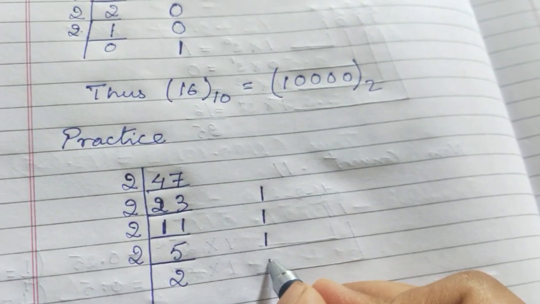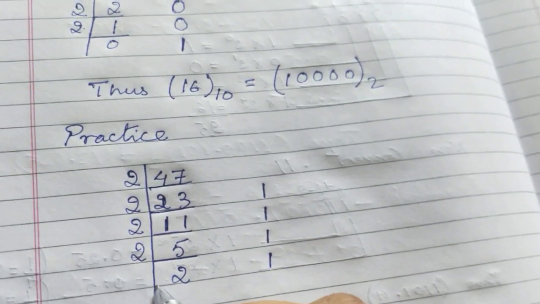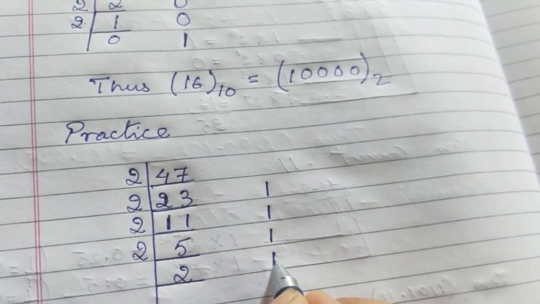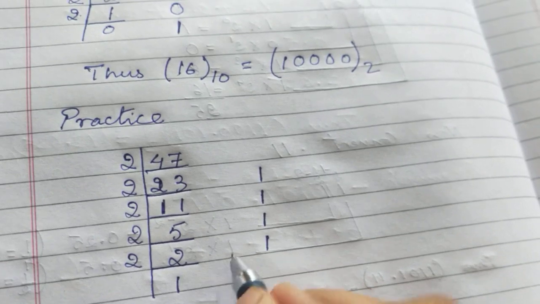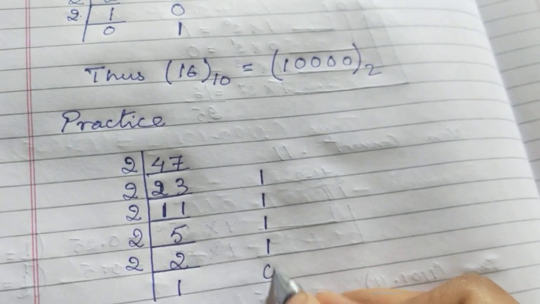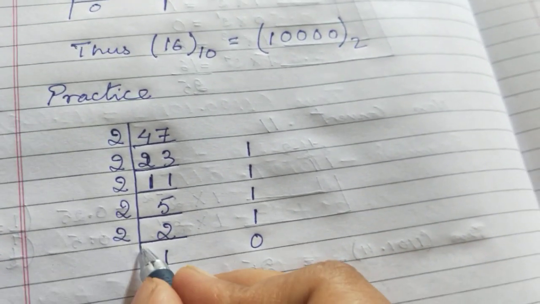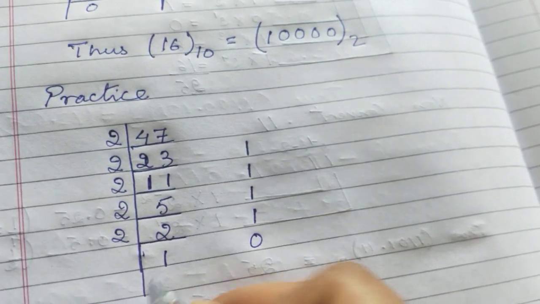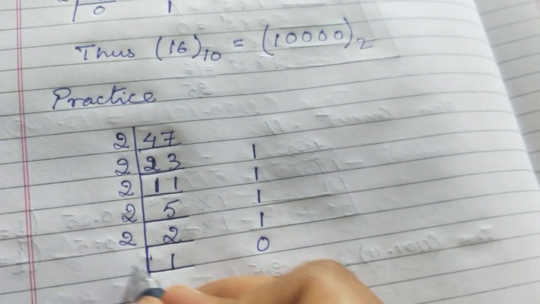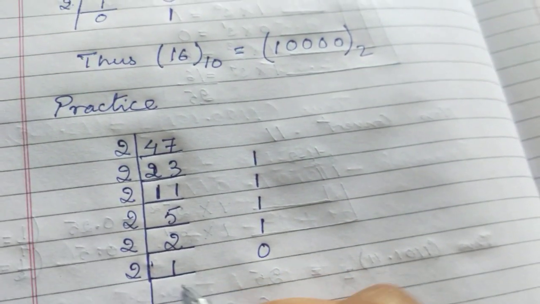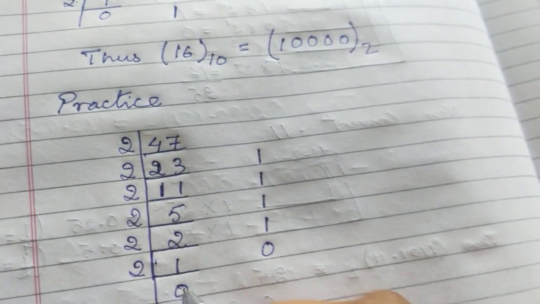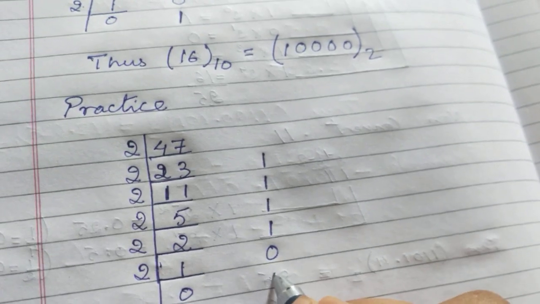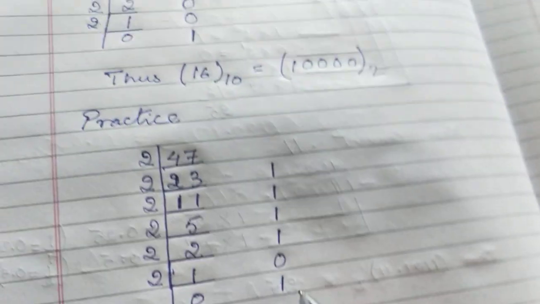Again you have 1 as a remainder, and you write it at the right hand side. 2 1s are 2. You have no remainder over here. Again you have to divide 1 by 2, which cannot be divided by 2. So you write 0 over here and bring this 1 as a remainder over here.